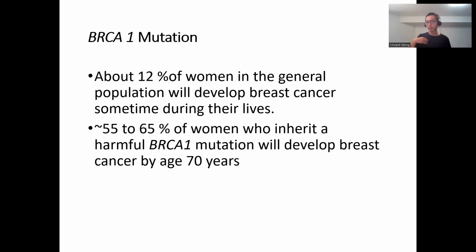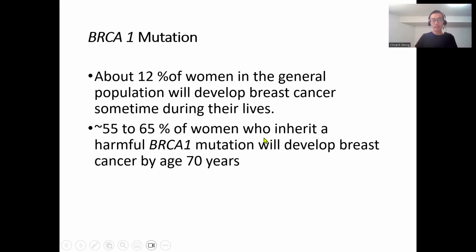What this is saying is what I was trying to tell you at the beginning. The general public has a risk of 12%. These are people with functioning red lights, both copies of the red light are working. There's only a 12% chance that they will develop breast cancer in their life.